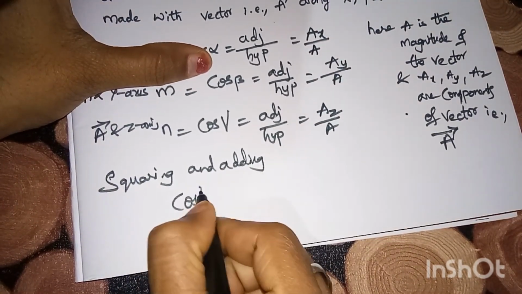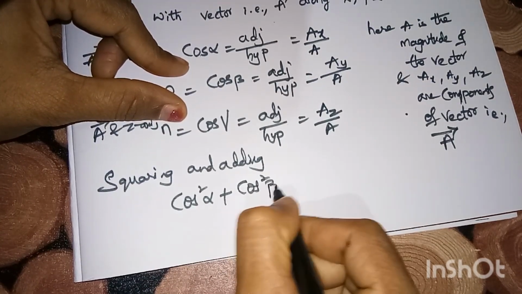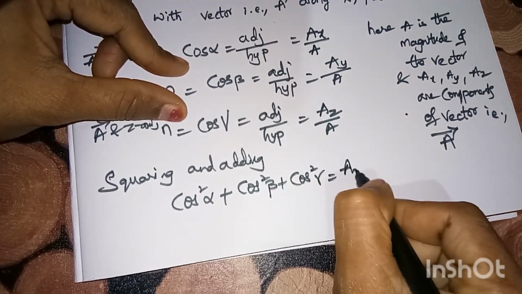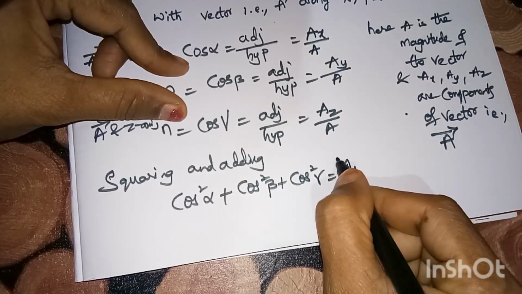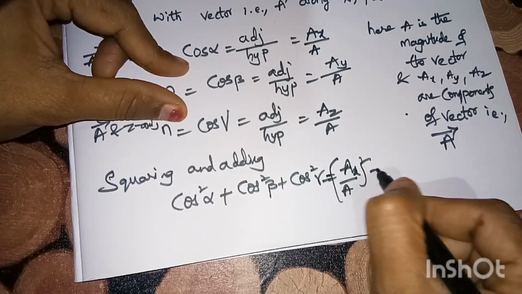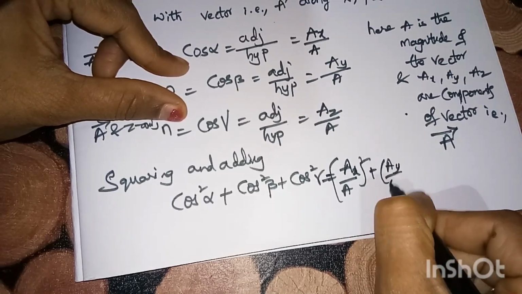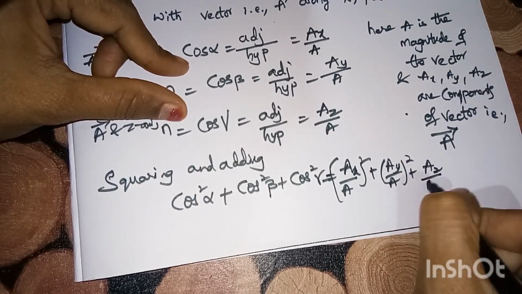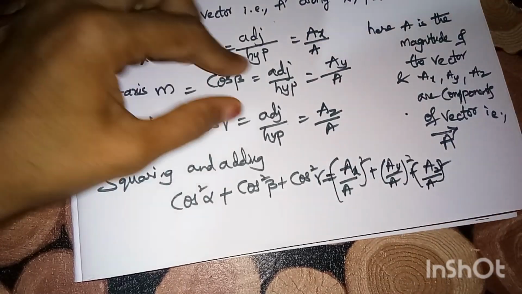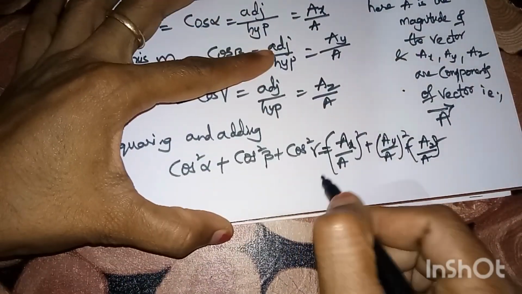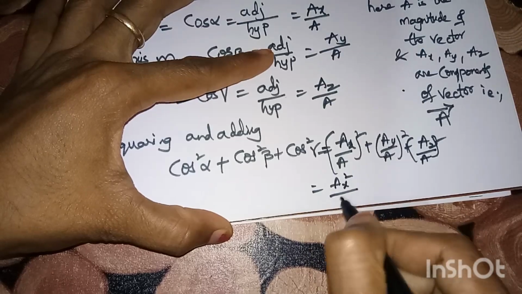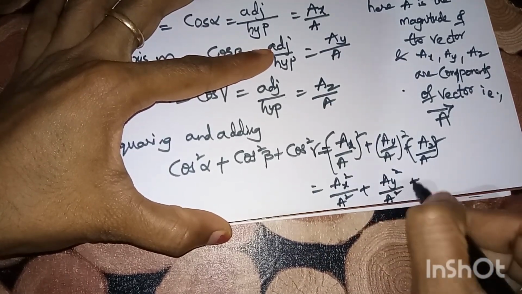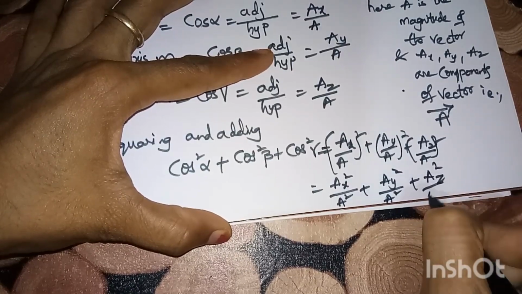Cos square alpha plus cos square beta plus cos square gamma is equal to ax by a whole square plus ay by a whole square plus az by a whole square. So what you will get here? Ax square by a square plus ay square by a square plus az square by a square.